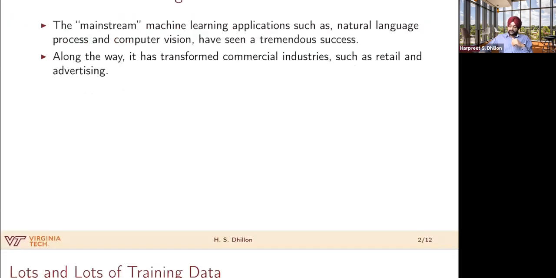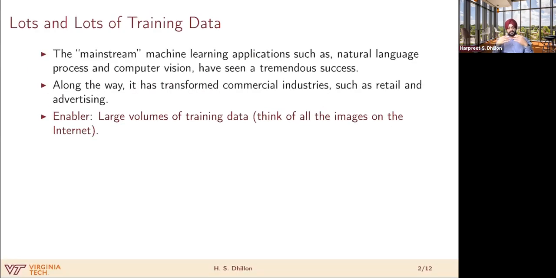So I think it's natural to wonder why these specific applications benefited from machine learning, and the answer is quite straightforward. That is because of large volumes of training data, right? Think of all the images on the internet, this internet scale data that these applications can sort of learn from, right?